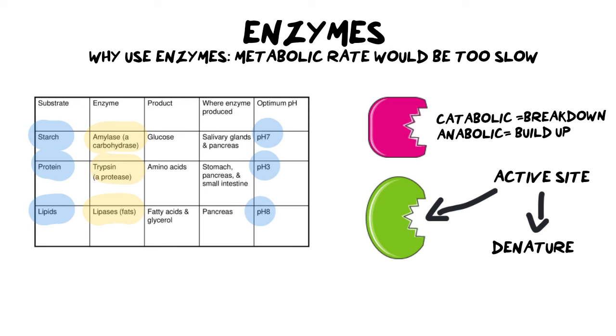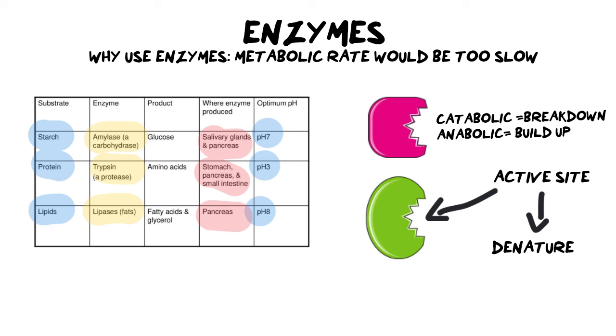We also, in exams and tests, need to know the origins of these enzymes. And so first of all, we see amylase coming from your salivary glands and the pancreas. Protein enzymes like trypsin are seen in the stomach, pancreas, and small intestine, whereas lipases are exclusively from the pancreas.